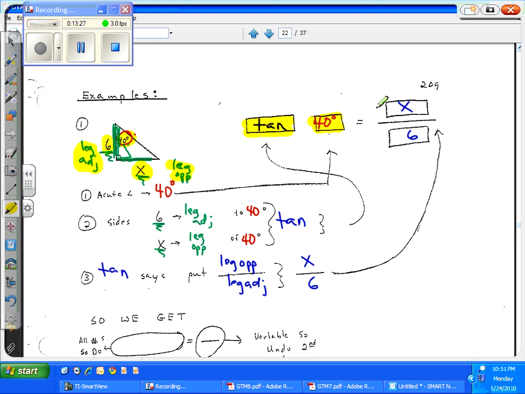We made the fraction say what tangent says. Tangent says leg opposite over leg adjacent. Leg opposite x then went on top. Leg adjacent 6 went on bottom. And so we've properly set up our trigonometric ratio. So we get tangent 40 equal x over 6. We're going to bring that down here.